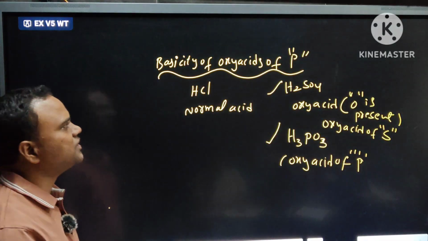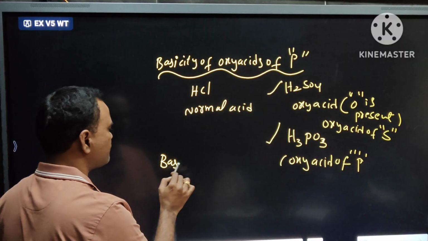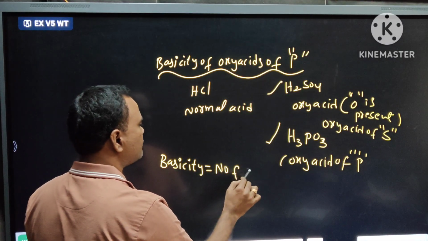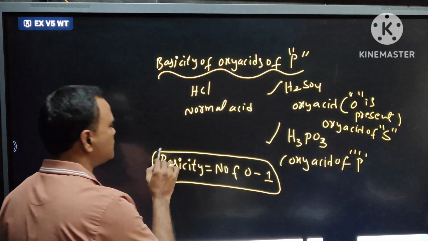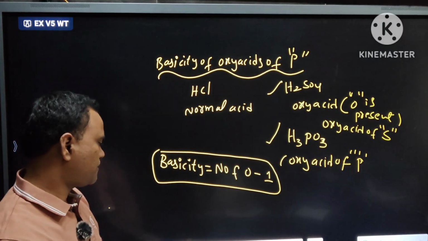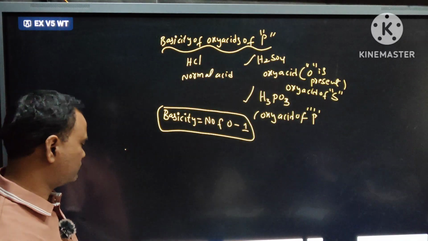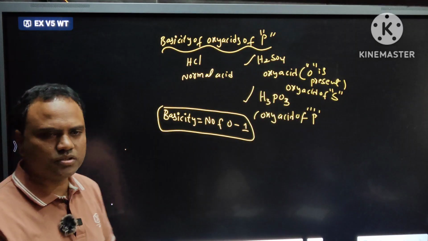In case of oxyacids of phosphorus, basicity is equal to the number of oxygens minus 1.